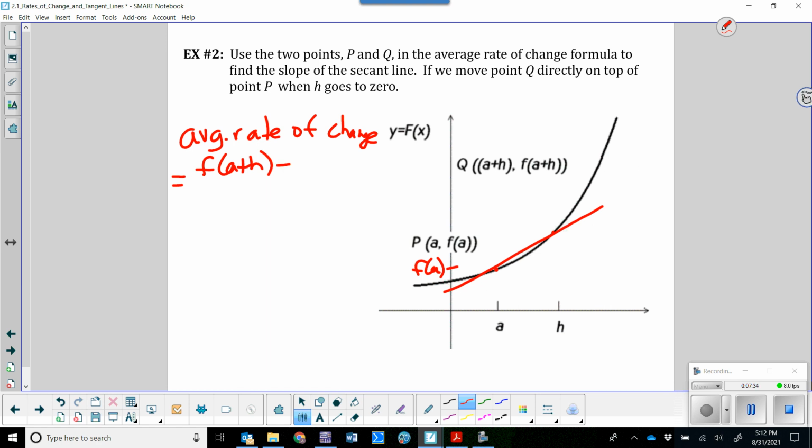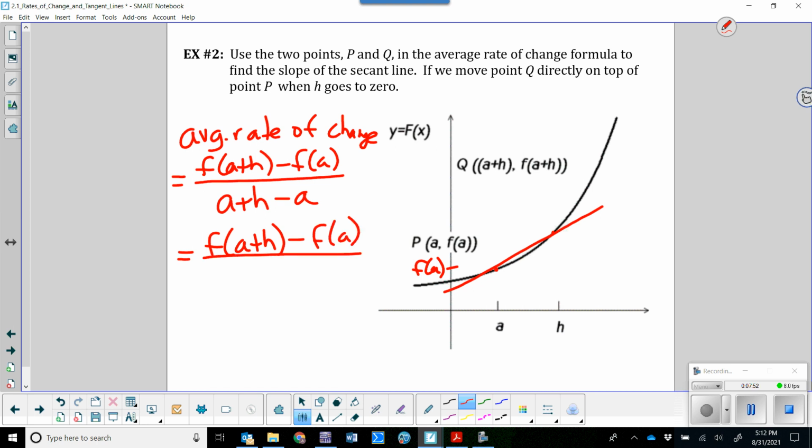And then we subtract the y value for the first point, which is f of a, and divide that by the x, which is a plus h minus a. Well, that simplifies to f of a plus h minus f of a over h.